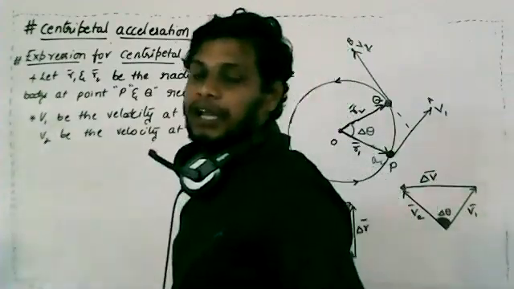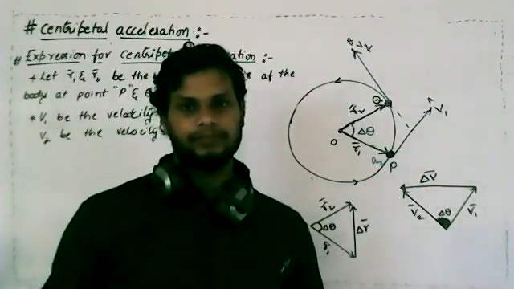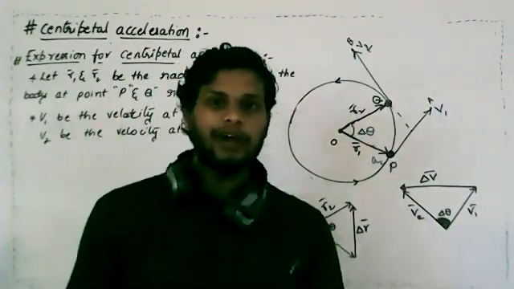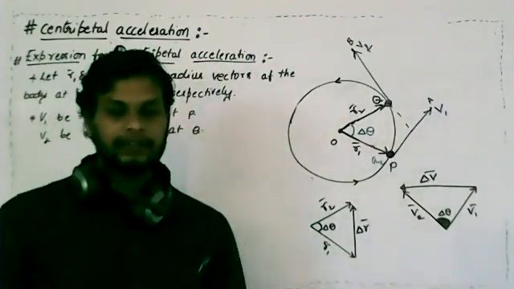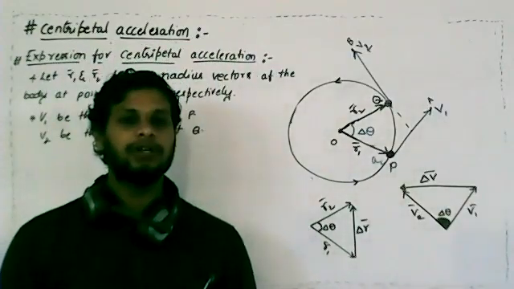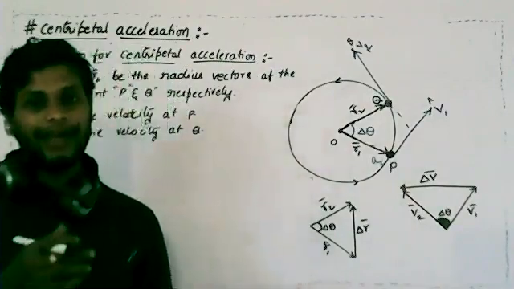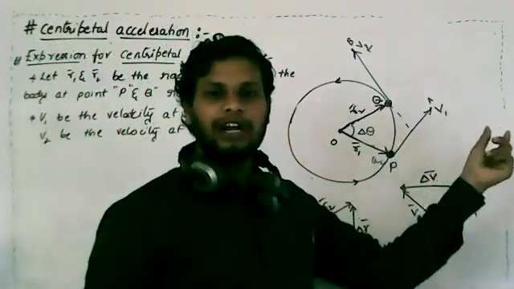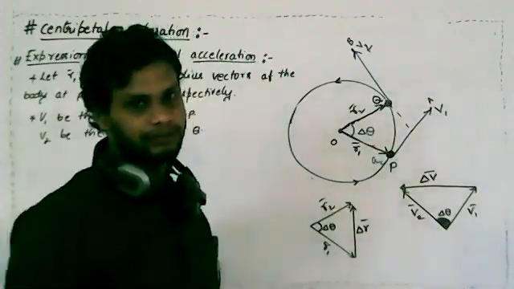Remember, the body is moving with uniform speed, so the speed is constant, which means the magnitude of velocity is constant, whereas the direction is changing. We already discussed that in uniform circular motion the magnitude of speed is constant but the direction is changing. Therefore, we still have acceleration. The magnitudes of velocity v1 and v2 are the same, but the directions are different.